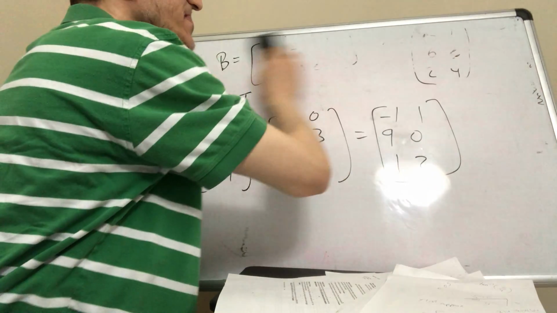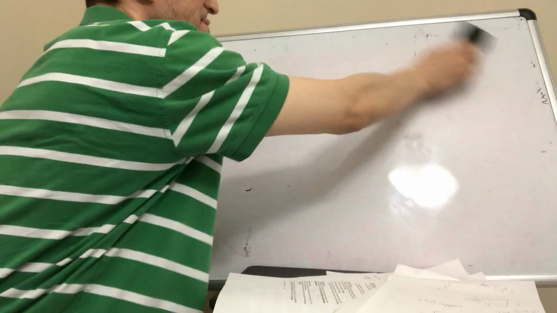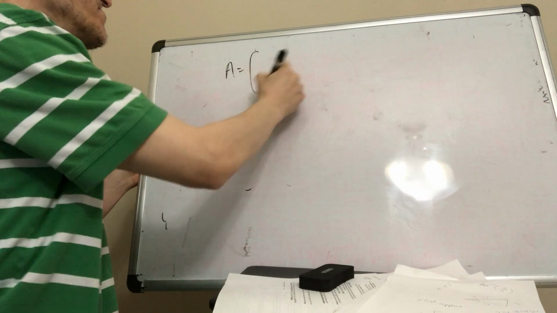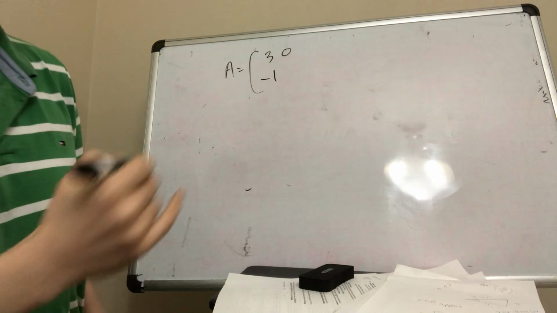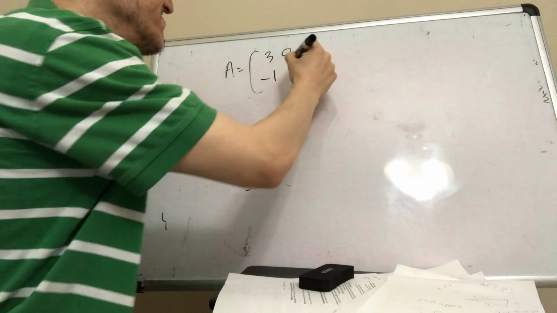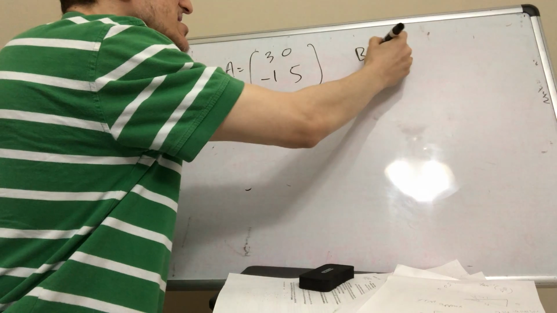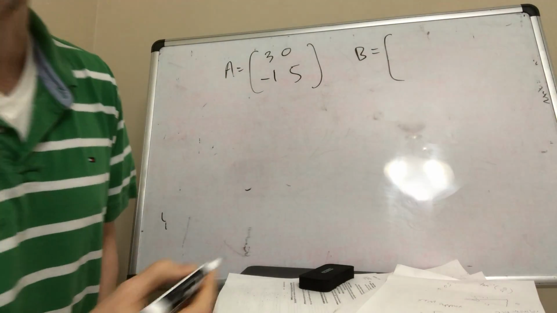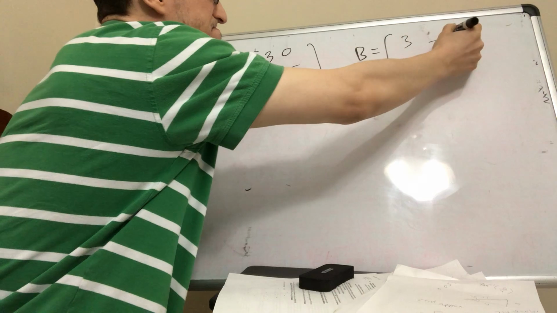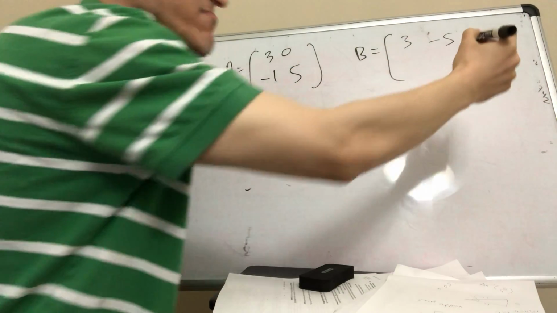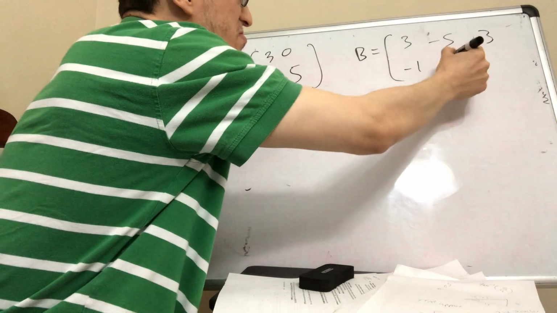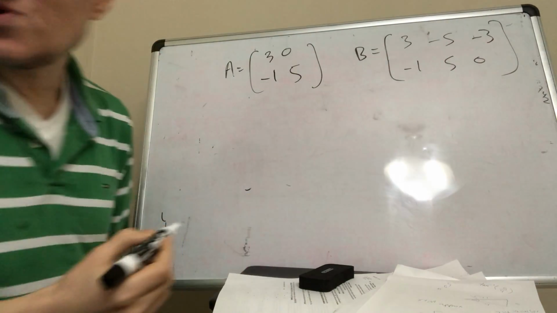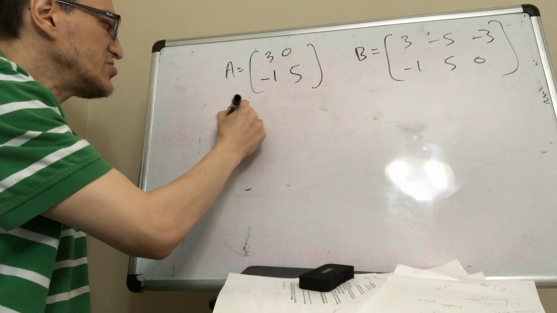Multiplication is a little bit different. So if you have a matrix of 3, 0, minus 1, 5, and you have a matrix of 3 minus 5, minus 3, negative 1, 5, 0, and they ask, can you do A times B?